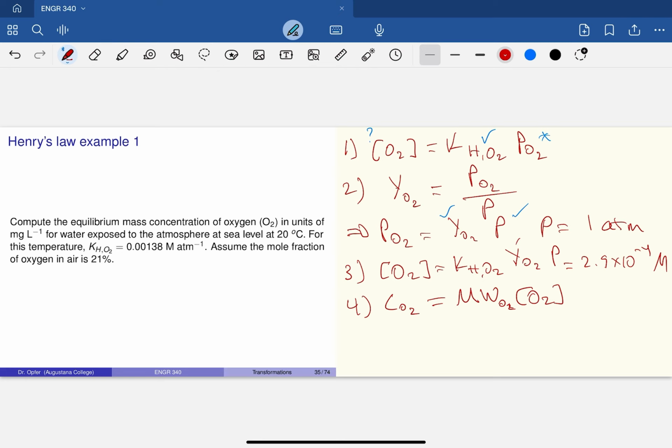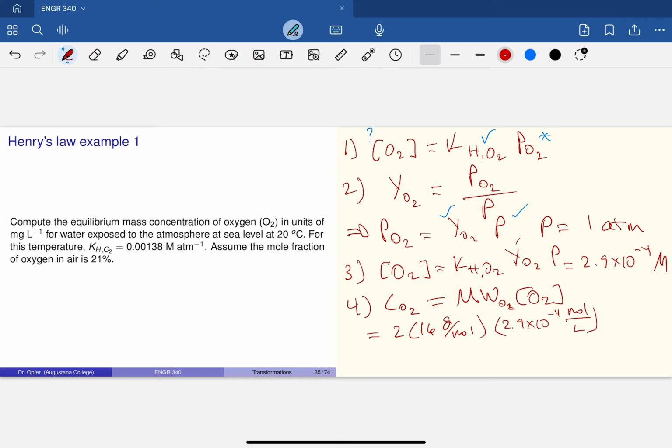we just have two little molecules of oxygen, and oxygen has a molecular weight of 16 grams per mole. So this is going to be 2 times 16 grams per mole times 2.9 times 10 to the minus 4 molarity, which if you remember is moles per liter.